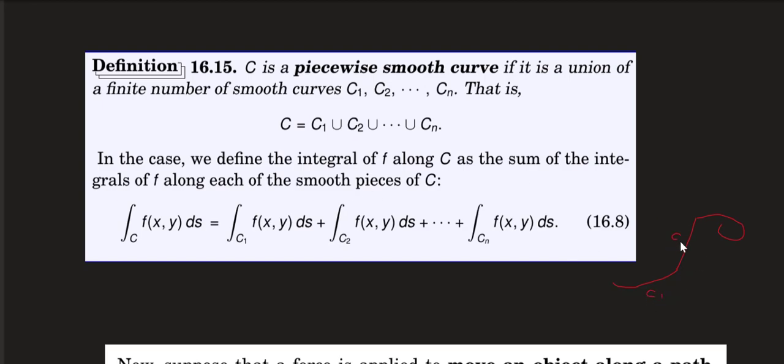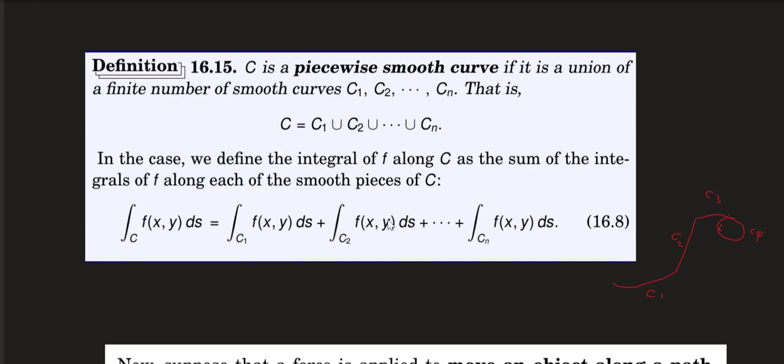For example, here C1, here C2 with different equations. Here we have a circle, here another one. So we refer to this definition if we have a union of piecewise curves. In this case, to get the integral of function f over this curve, we have to sum all of the line integrals over every piece.